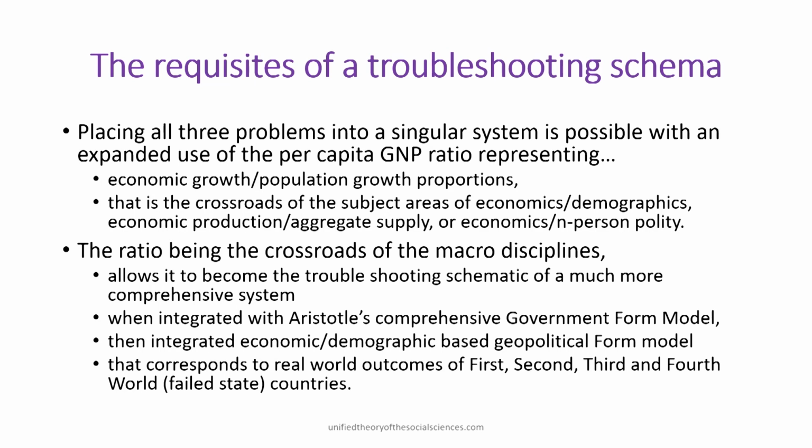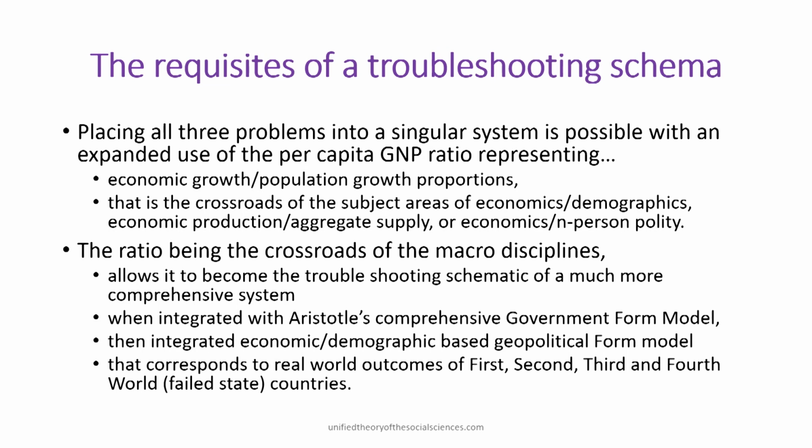Placing all three problems into a singular schema is possible with the expanded use of the per capita GNP ratio, representing economic growth over population growth proportions. That is the crossroads of the subject areas of economics over demographics, economic production over aggregate supply and demand theories, or economics and in-person polity.